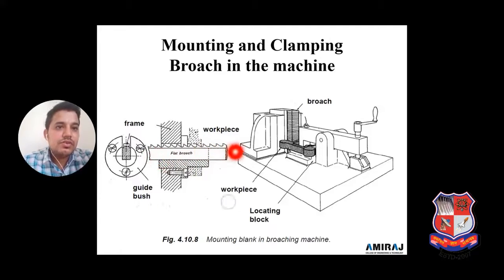This is the tool, it will move like this, and here we can utilize the frame. This is a flange-type arrangement, and here you observe the workpiece. This is the vertical broach tool, and this is the clamp, which is fixed to the locking block. Here we can utilize a 3-to-1 principle for fixing purposes.